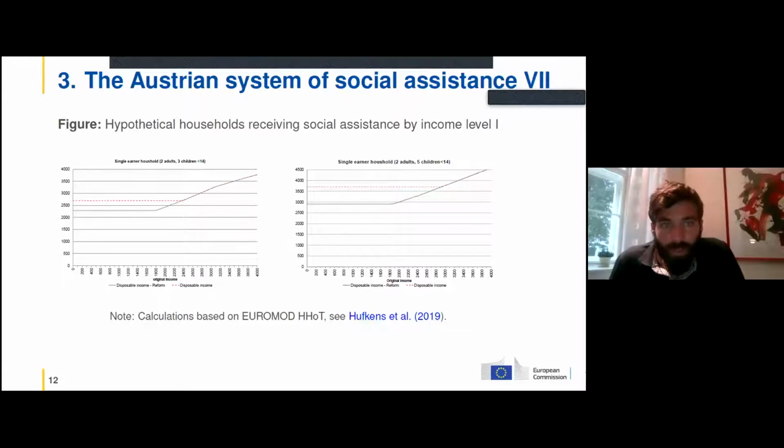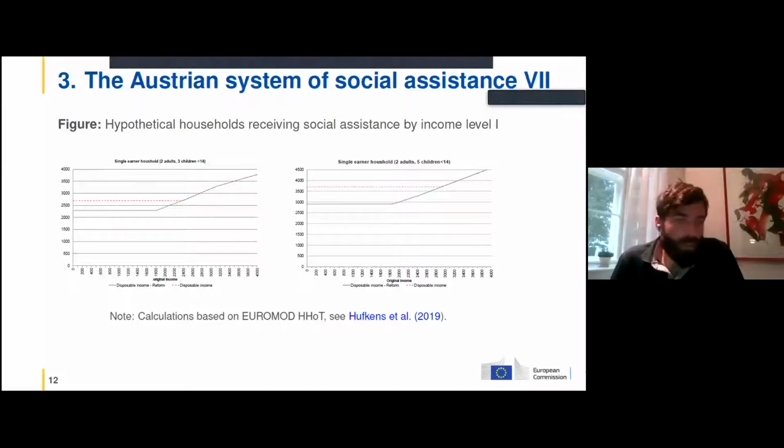So for example, a single earner household with 2 adults, where only one of the adults is working, and with 3 children below the age of 14, would have had social assistance of about 2,700 euros in the pre-reform scenario.